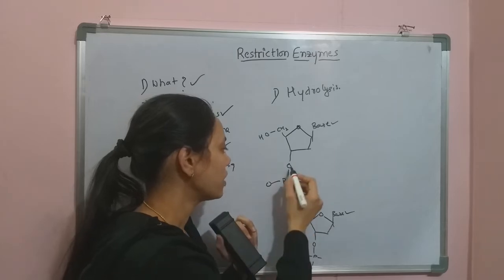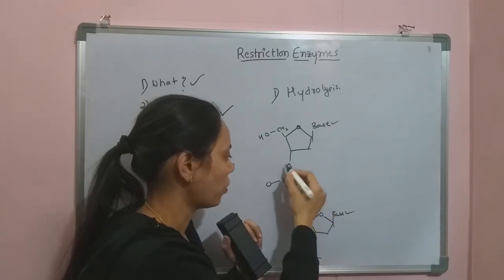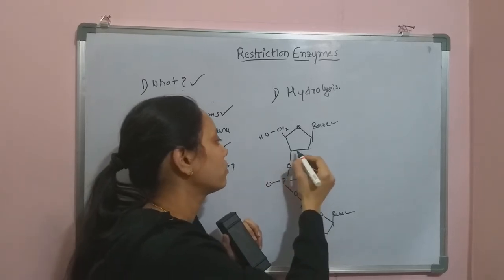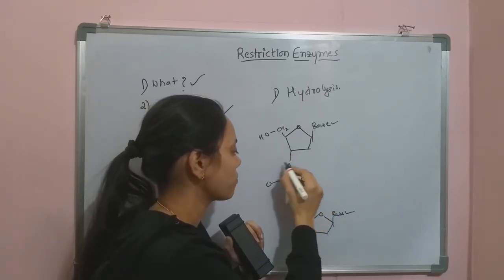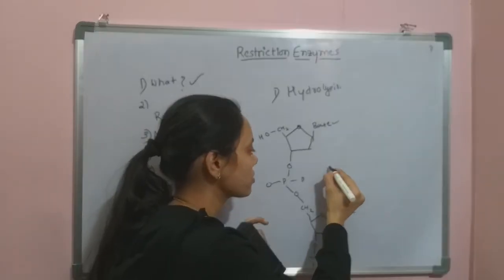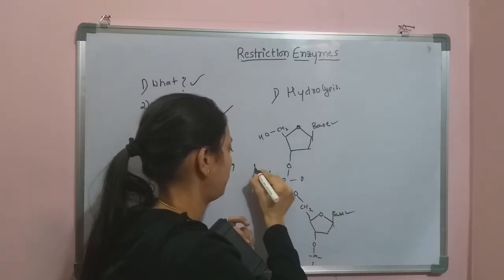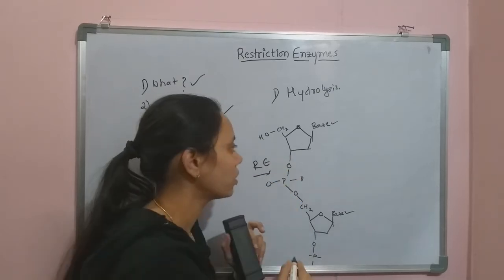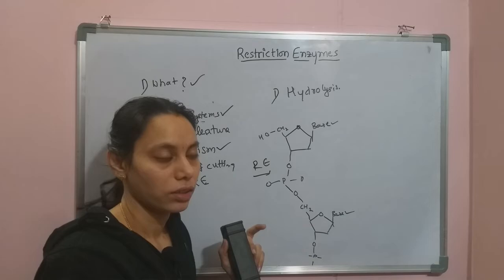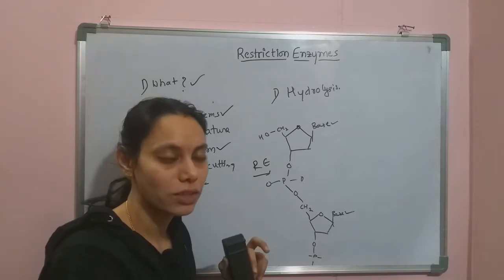So this is the phosphodiester bond, and generally this phosphodiester bond is hydrolyzed by the restriction enzyme. Here this restriction enzyme has an active site. That means any enzyme will have an active site.